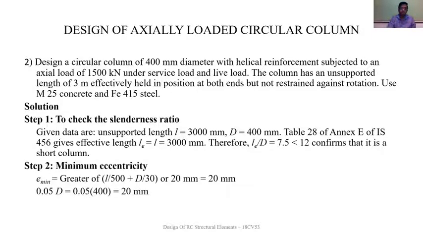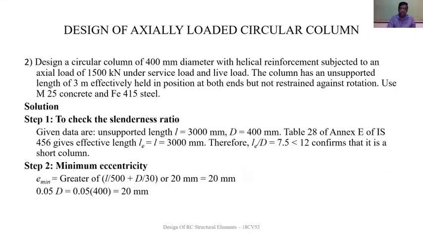The code further recommends that the ratio of volume of helical reinforcement to the volume of core shall not be less than 0.36 in order to apply the additional strength factor of 1.05.